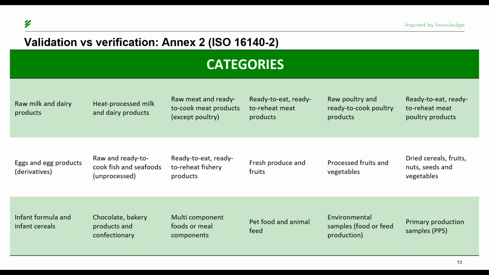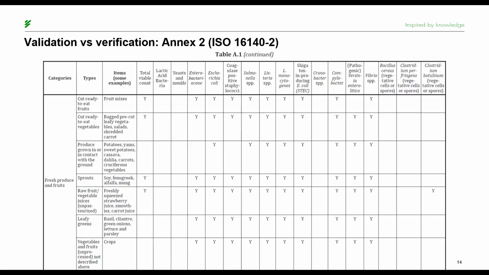These categories include all kinds of food items, from the most typical ones that are commonly analyzed, such as milk, meat, eggs, fresh produce, to infant formulas, nuts, bakery products, and confectionery. We can find everything here.